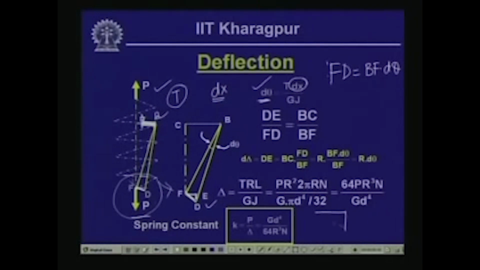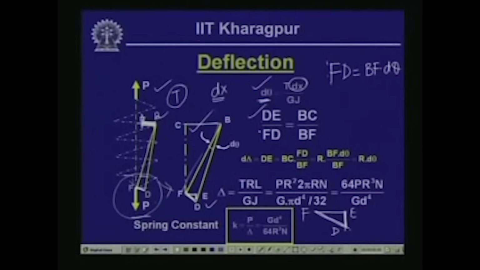Now, if we look into this particular triangle FDE, this is F, this is D, this is E. If we look at this triangle and the triangle ABC, then DE divided by FD, this perpendicular to this hypotenuse, is equal to BC by BF.